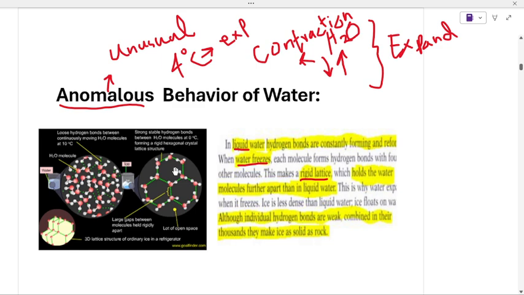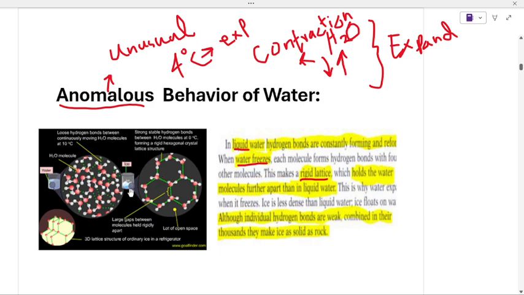Now there will be a phenomenon called increase in volume. Because of this space in between the hexagonal rigid lattice, the water molecules increase their volume, and because of this increase in volume, we say the water molecules start expanding. This is actually unusual. It never happens at liquid temperature, where bonds are forming and bonds are breaking.